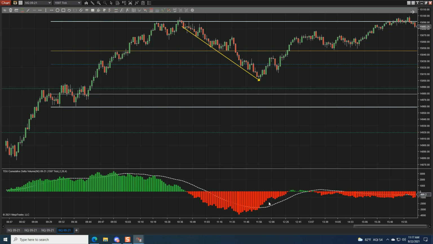Because it is in actual fact, but you have to condition your eye to looking at this. If I was tracking, I can't do it because this only draws straight lines, but I can see that the Cum Delta is drifting lower here and is really emphasized via that gap between the moving average and the histogram bars, to where now and then here I go on the other side of the average.